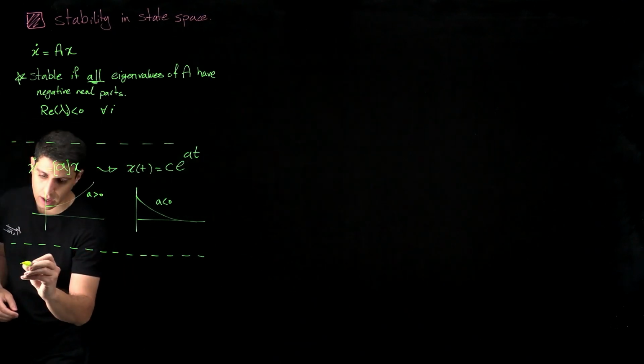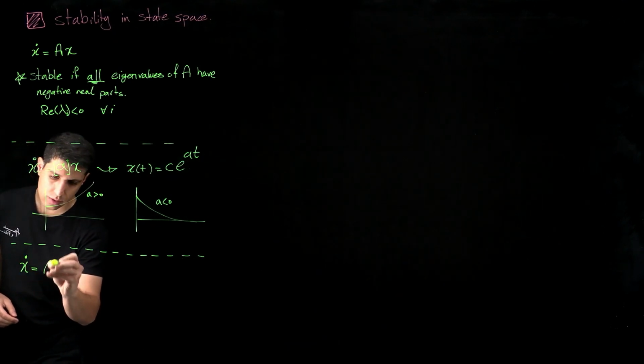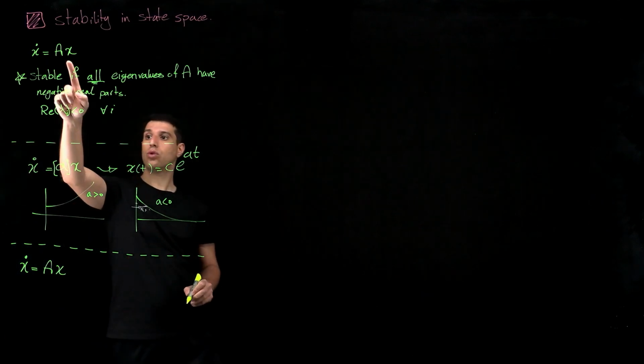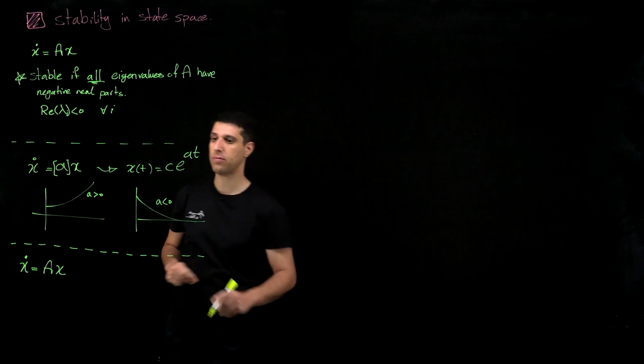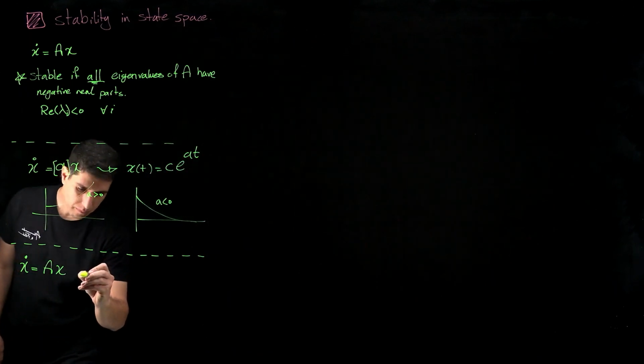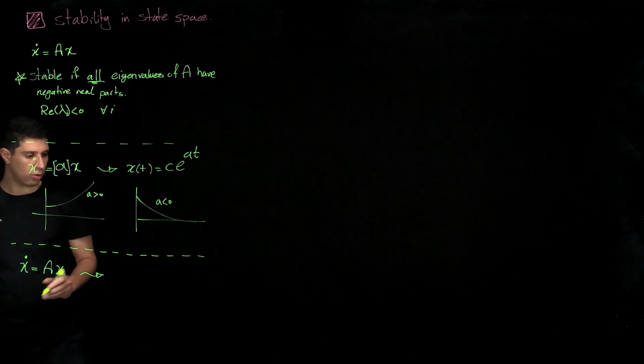So I have x dot equals Ax. And similar to this case, where x of t was a constant times e to the at, the same situation holds.